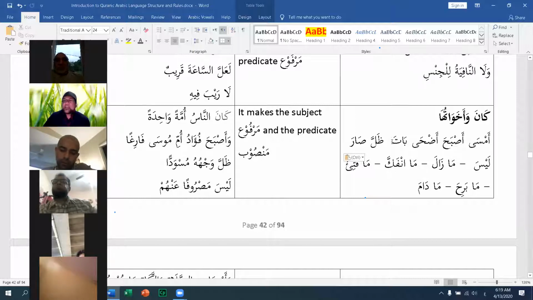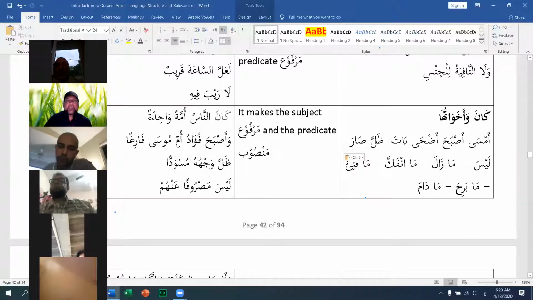So you can translate all of these as became, and you don't have to specify the time, but that's the only difference. They all mean the same thing. Amsa, asbaha, adha, and bata. But they are also zarf zaman. You can say that, because they express the time at which the action transpired.